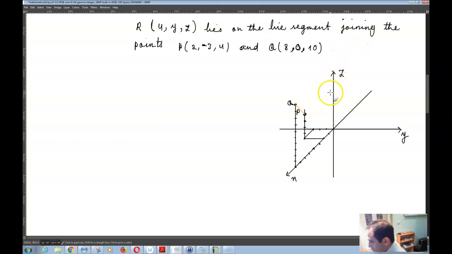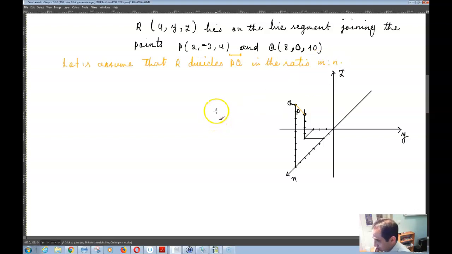Okay, so let's assume that basically the point R divides the line segment PQ in the ratio, for example, m to n.